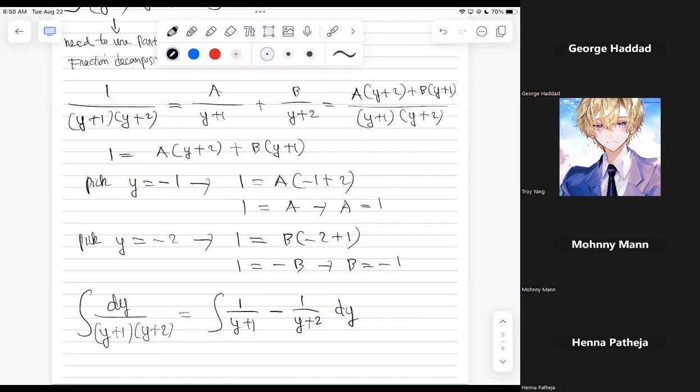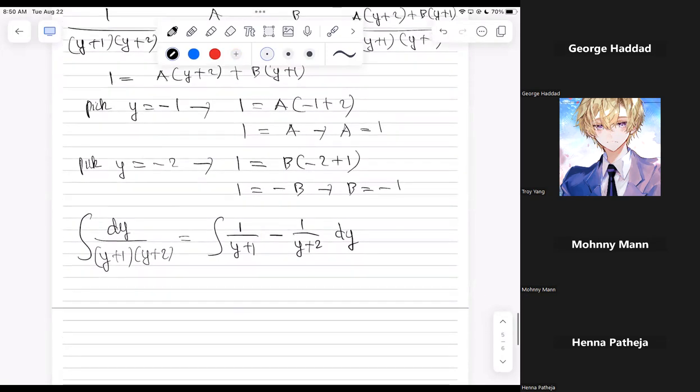After I do partial fraction decomposition, I can evaluate the integral, right? So the integral of 1 over y plus 1 right here is ln of y plus 1.